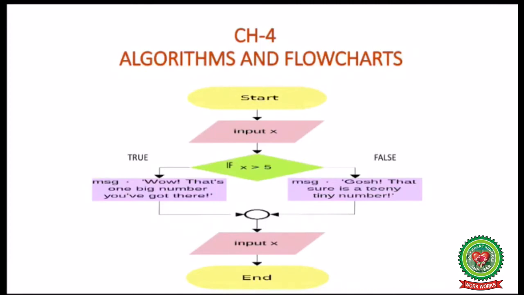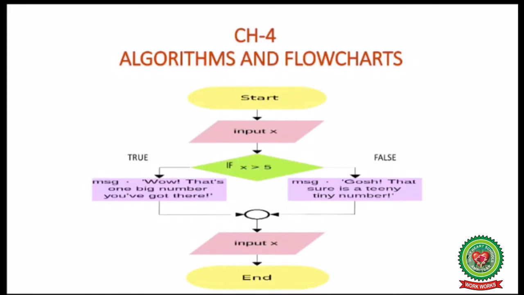Here we will discuss this algorithm. The first is start, then we will give the input, that is input x. Then there is a condition: if x is greater than 5, and if this condition is true, then we will get the message, "Wow, that's one big number you have got there."